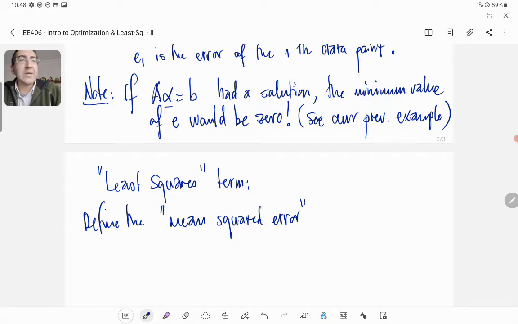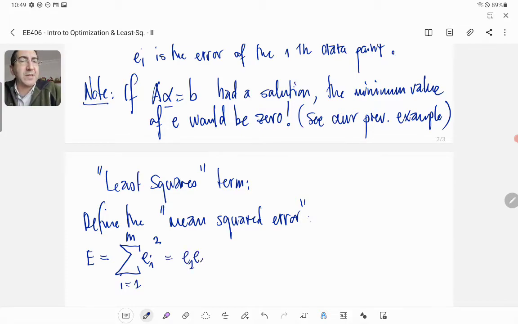Okay? So therefore, we define a total error, which is basically over all the data points, i equals 1 to m, the square of each error point. This is a mean because the only thing that needs to be done to make this a proper mean is basically to divide by the number of data points, but we don't need that because we will just essentially minimize this function. So we don't care about its absolute value. Okay, so what is this?